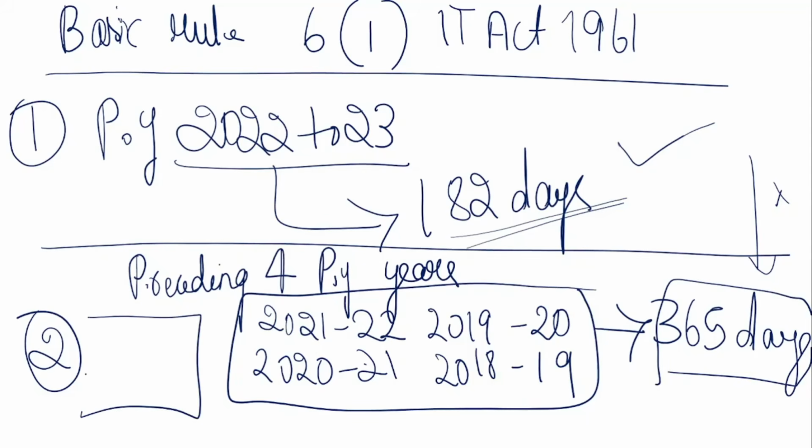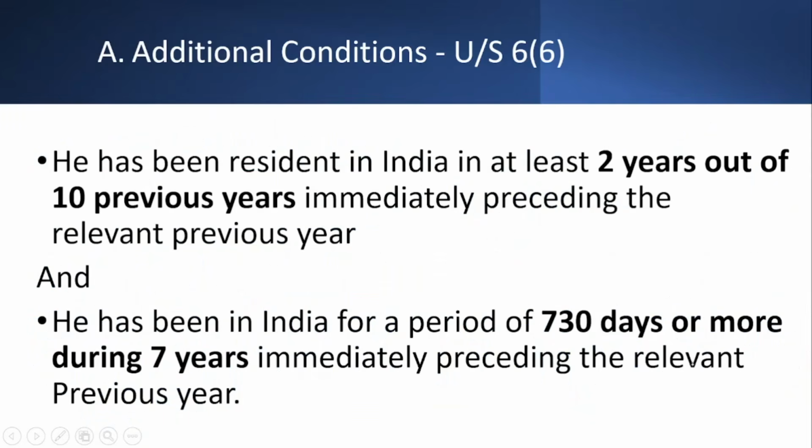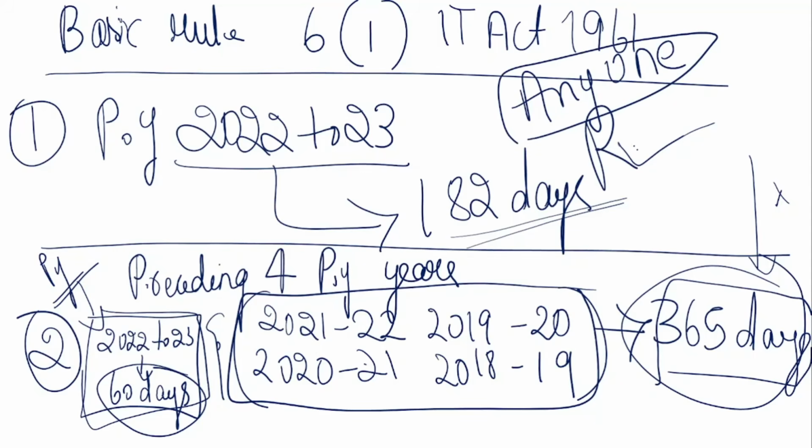Along with that, in the year 2022 to 23, the person should have stayed at least 60 days in India. So he should satisfy two conditions in basic rule number 2. First, in the previous year, he should have stayed for 60 days, and in the preceding 4 previous years, he should have stayed for 365 days. If he satisfies any one condition in these two, he will be termed as resident of India.